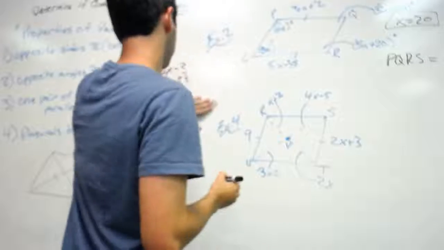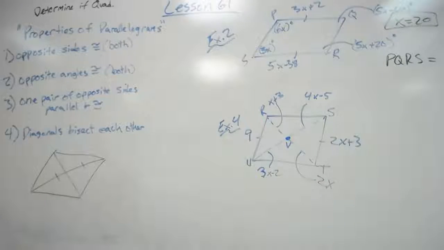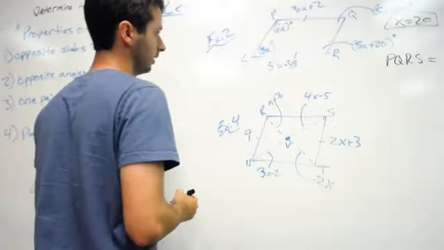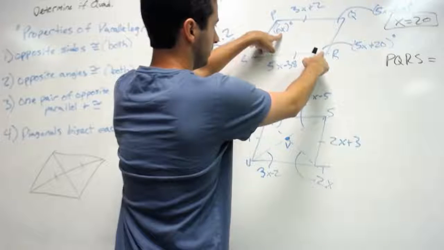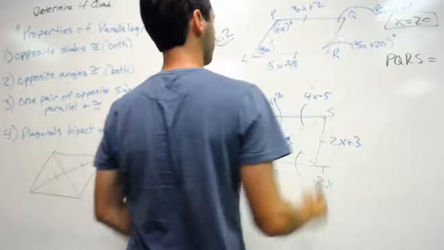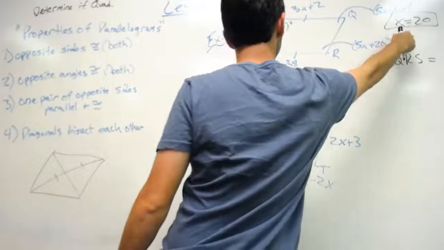Now that we know x equals 20, let's see if we can use our other properties to determine if it's a parallelogram. The next one says, opposite angles, both pairs are congruent. Over here we are given opposite angles. So what we can do is see if P and R are congruent, and see if S and Q are congruent. Since we know the value of x is 20, we plug those in.